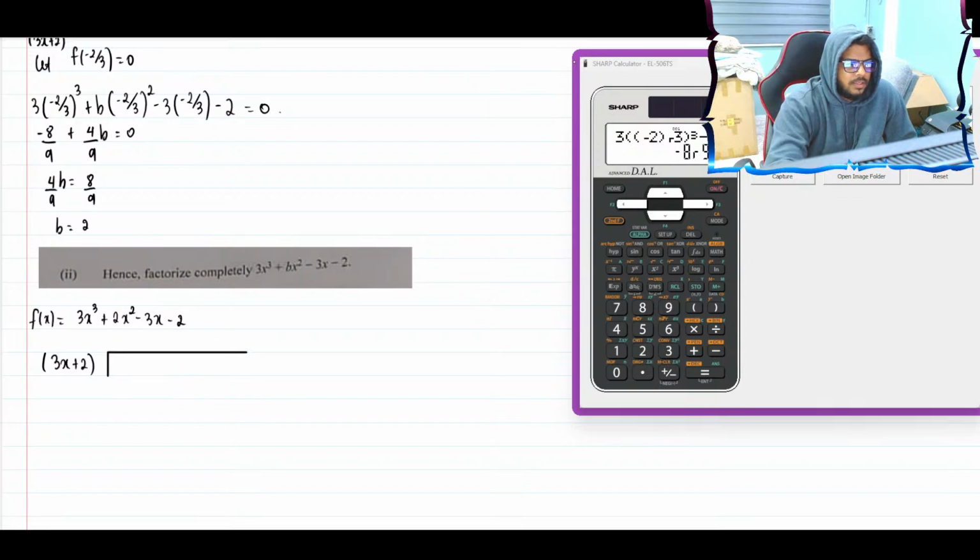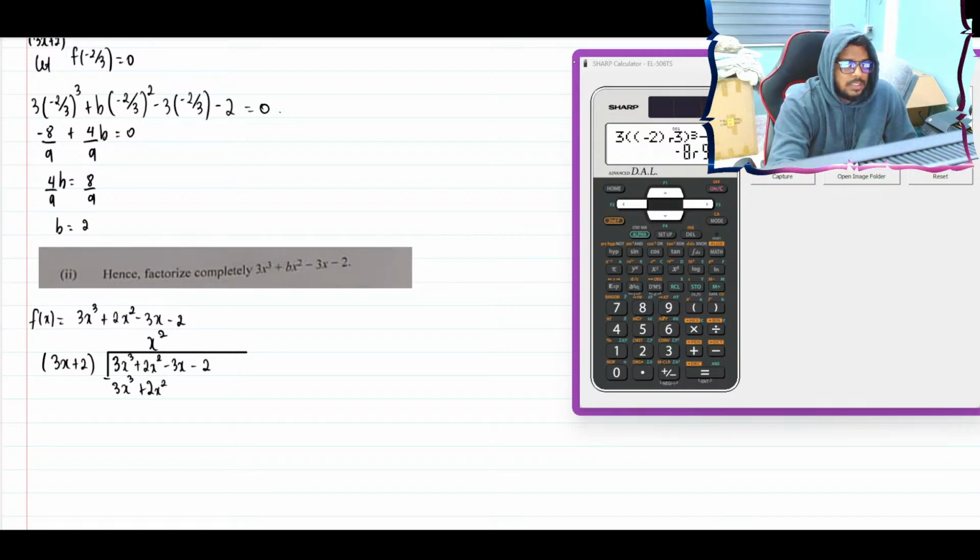So when I divide into 3x cubed plus 2x squared minus 3x minus 2, I divide my x's. 3x cubed divided by 3x gives x squared. I write 3x cubed plus 2x squared.